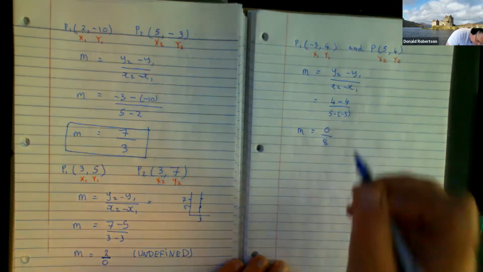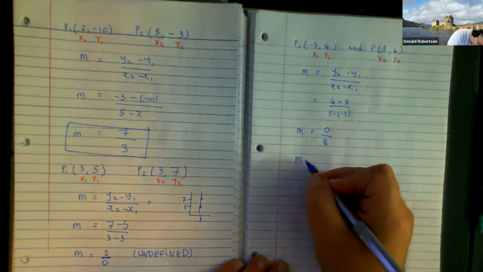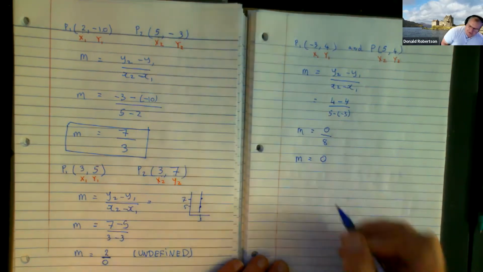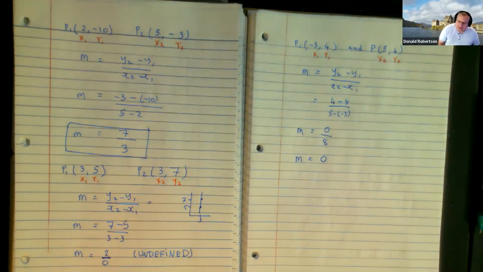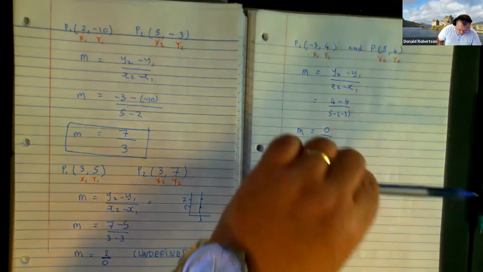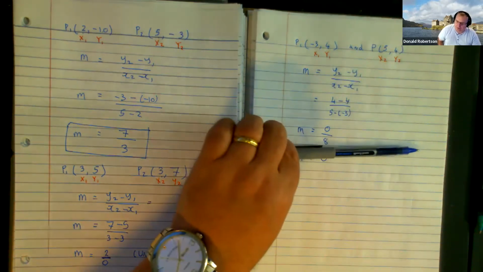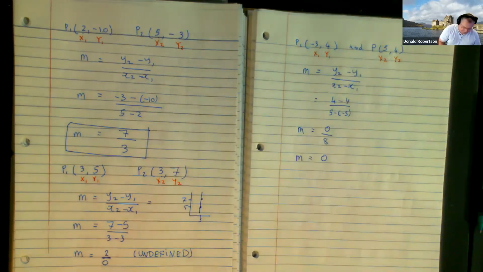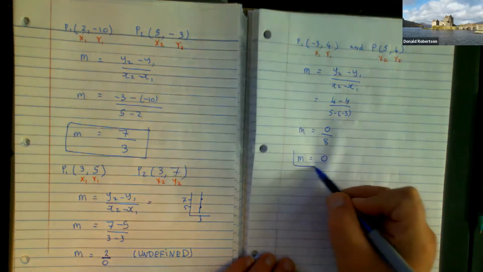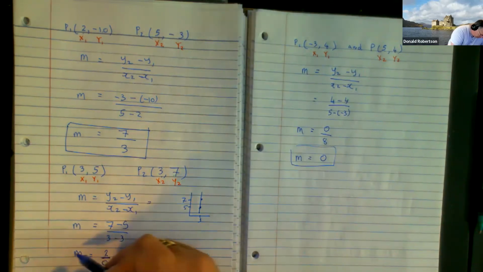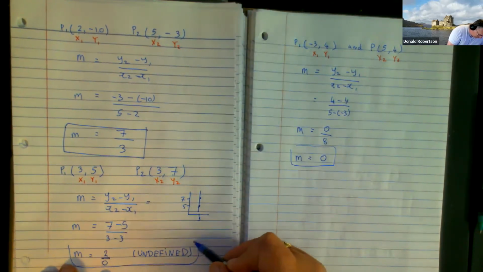Now that is not a problem. That is actually something I can calculate. It's equal to 0. And 0 slopes are horizontal lines. If you plotted those 2 points and joined them, I bet you'd find a horizontal line. So there is your answer. Here is the answer to that situation.